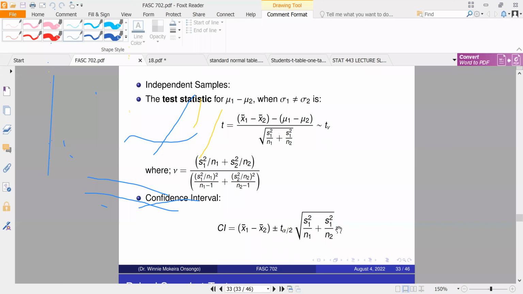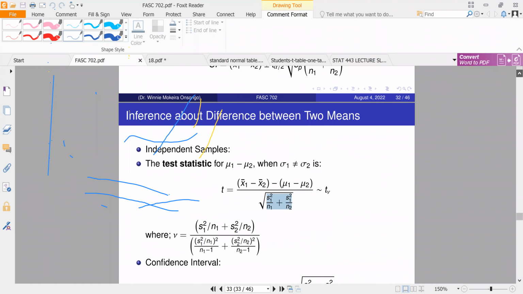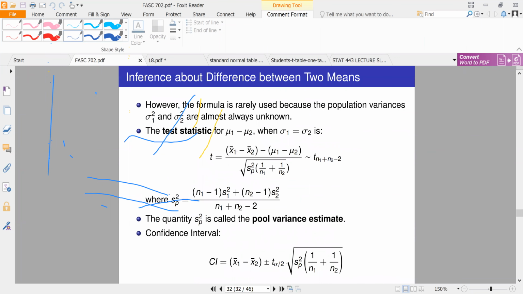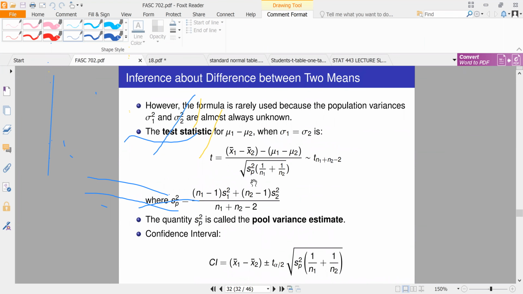Note that in this particular case, you realize that we are not using a pooled variance. Remember that for the case up here, it is due to the equality of variances for the two populations.